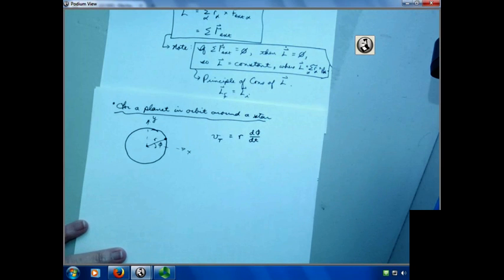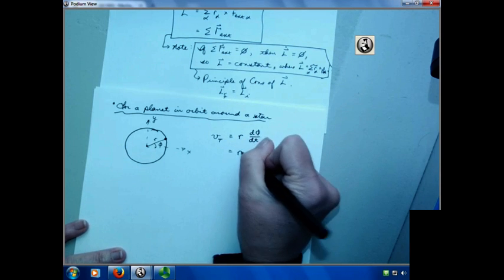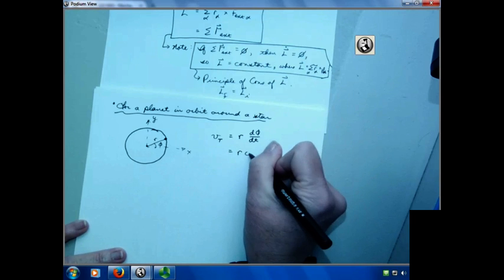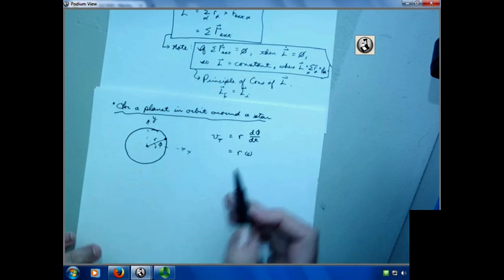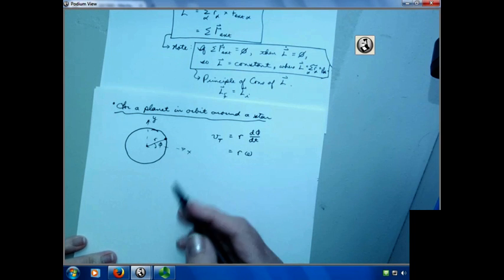This should remind you of calc-based intro. We've seen that before. And we call the time rate of change of phi the angular velocity, and we represent it with a lowercase omega. All right. So again, this is very similar to what we did with uniform circular motion in introductory physics.